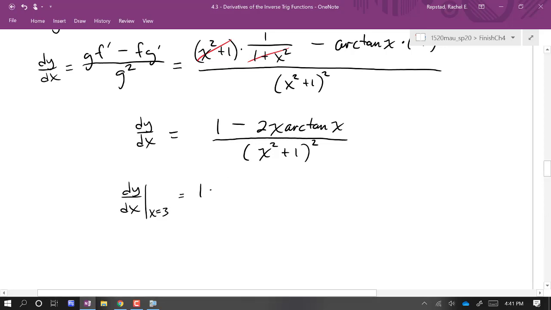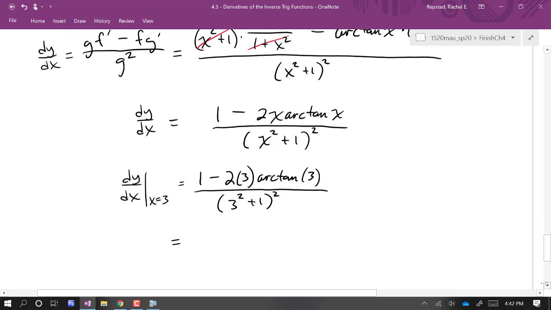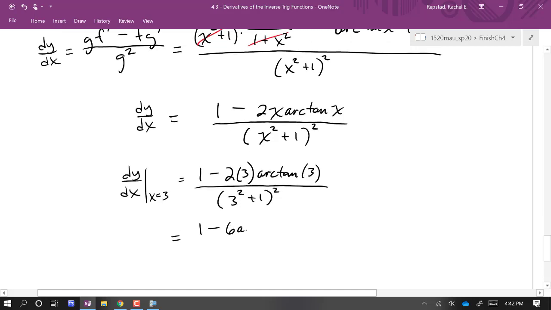So we have 1 minus 2 times 3 arctan of 3 all over 3 squared plus 1 squared. So 1 minus 6 arctan 3 all over 10 squared, which is 100.